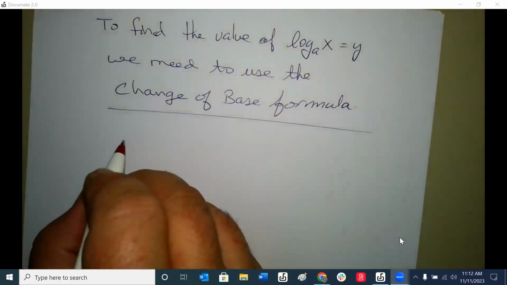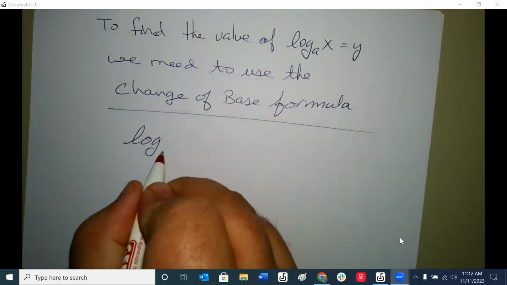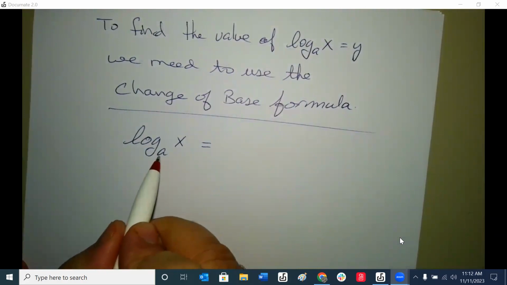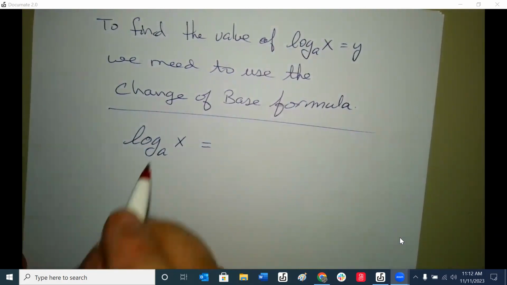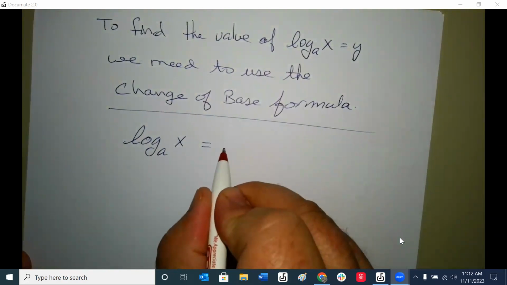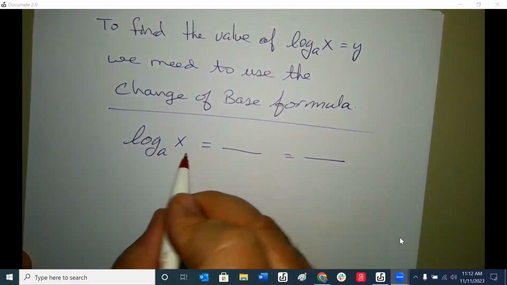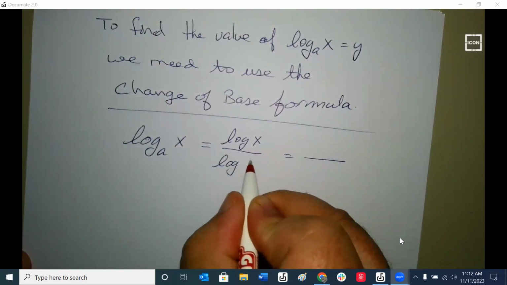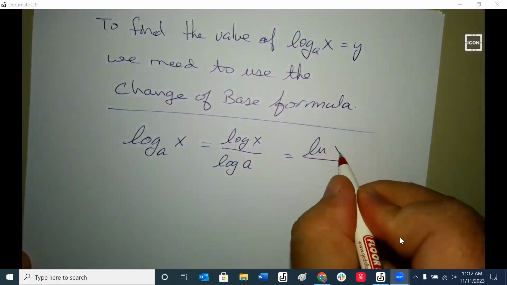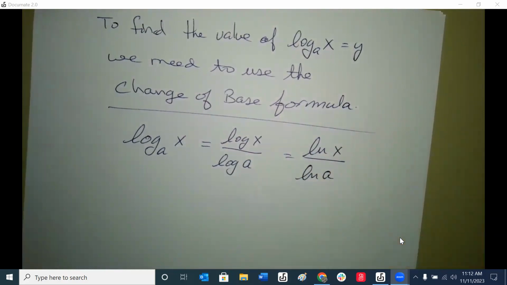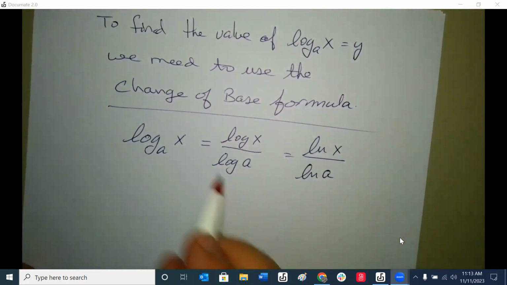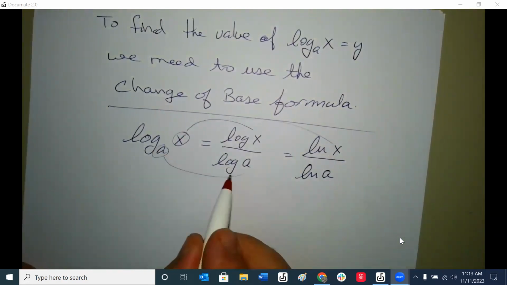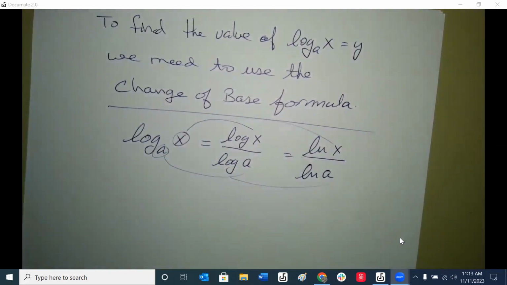The change of base formula is this. Because remember, our calculators only have log base 10 or log base E, nothing else. So now, we can use either of the two: the common log or the natural log. It's the same ratio. This number will go on top, this base will go on the bottom. It'll always give you the right answer then.